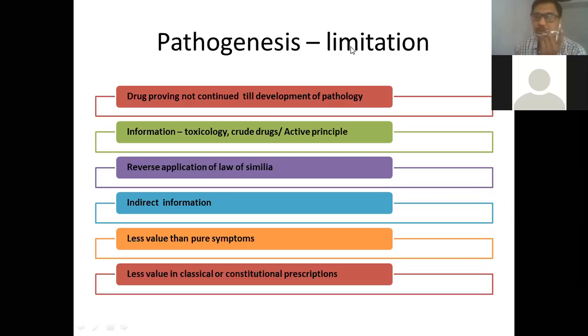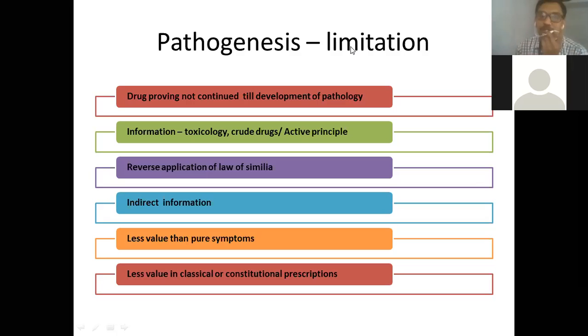It is not directly collected from the drug prover, because the provings of Arnica montana were not continued to the point where the prover develops this pathology of suppuration.